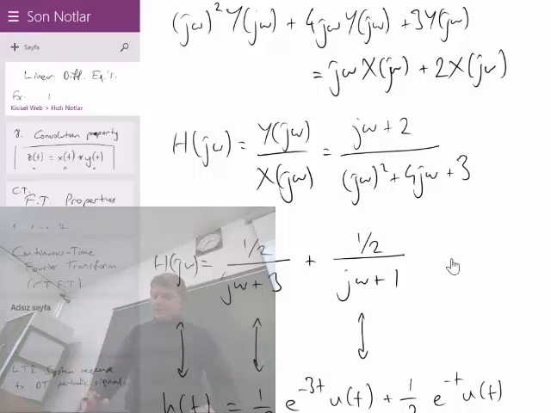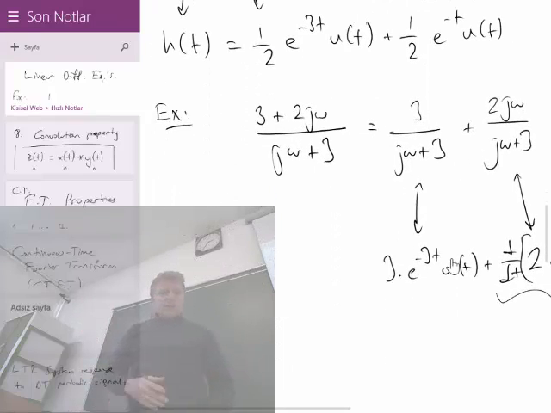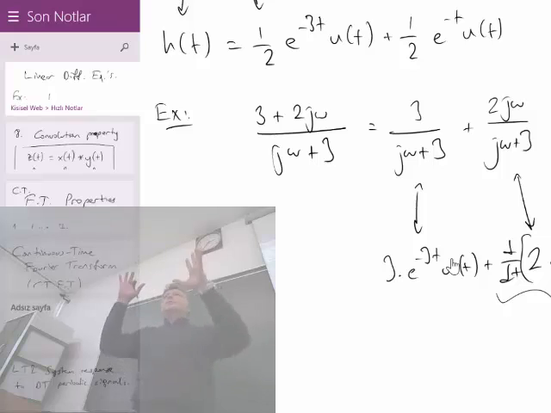Okay, is that clear? This is the way to relate time domain, frequency domain, and differential equation, input-output relations of the system. 3 ways to represent a system. 3 fundamental ways to represent a system.